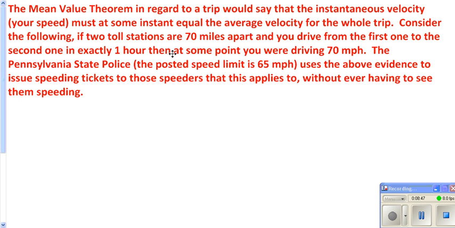At some point then, if the posted speed limit was 65, they're concluding that at some point you would have had to have been going above 65 to get an average speed of 70. So they're applying the mean value theorem here, and then they're issuing speeding tickets. Now, the Pennsylvania State Police are not necessarily the only ones that do that, but this is an example.